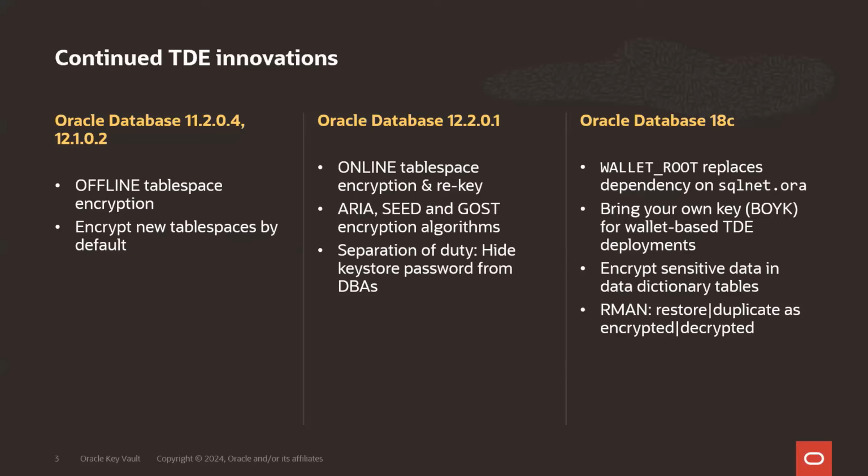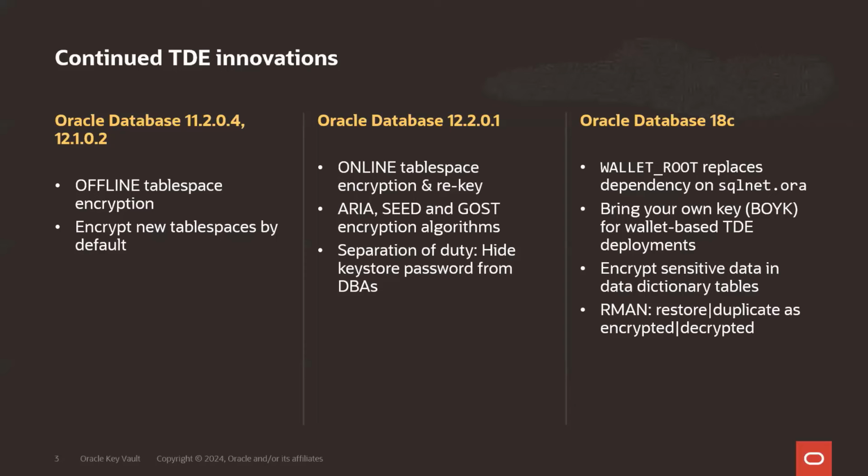Now, in Oracle Database 12.2, we introduced the possibility to online encrypt and rekey your tablespaces. And finally, we now have a method to hide the key store password from the DBAs. That, of course, adds features that enable separation of duties between a database administrator and a key admin in your company.